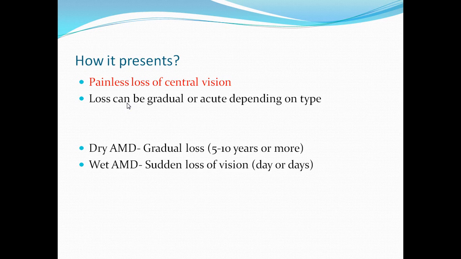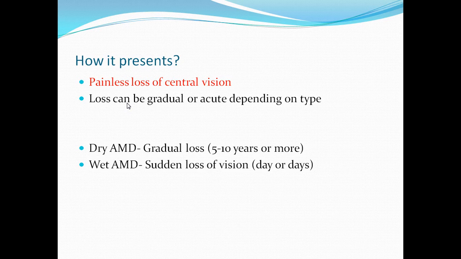This loss of vision can be gradual or acute depending on the type, whether it is dry or wet type. The dry type presents with gradual loss of vision, which may take 5 to 10 years or sometimes even more, and most of the time patients are not aware that they have got dry AMD.